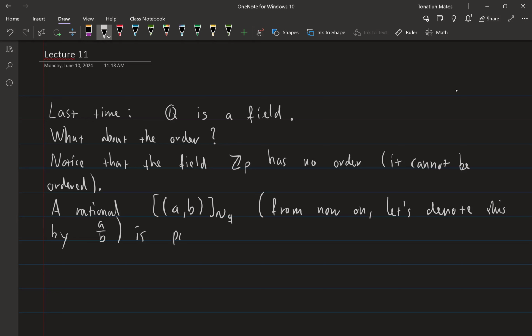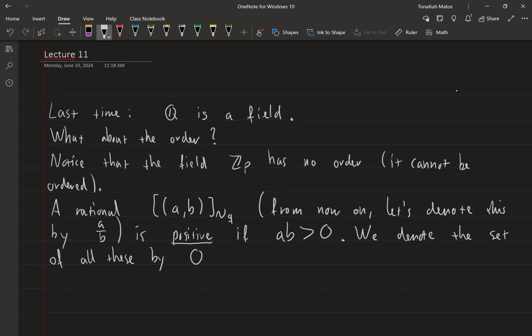It is called positive if what? Well, either both of them are negative, a and b, they're integers, right? So they could both be negative or they could both be positive, but a succinct way of writing it is just multiply them. And if you get something positive, well, that's what it means, right? We denote the set of all these by Q plus, right? So that's the set of all positive rationals.